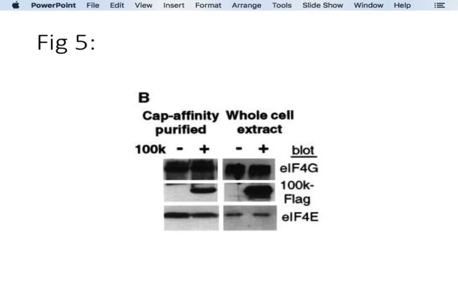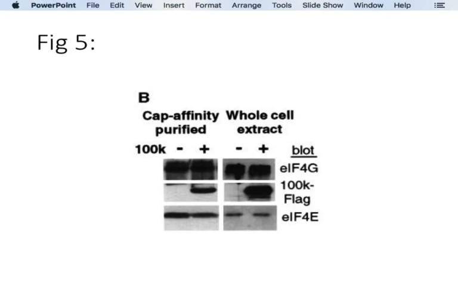How does adenovirus block translation? We know that it's excluding MNK1, but how does it exclude MNK1 from that initiation complex? The 100K protein.